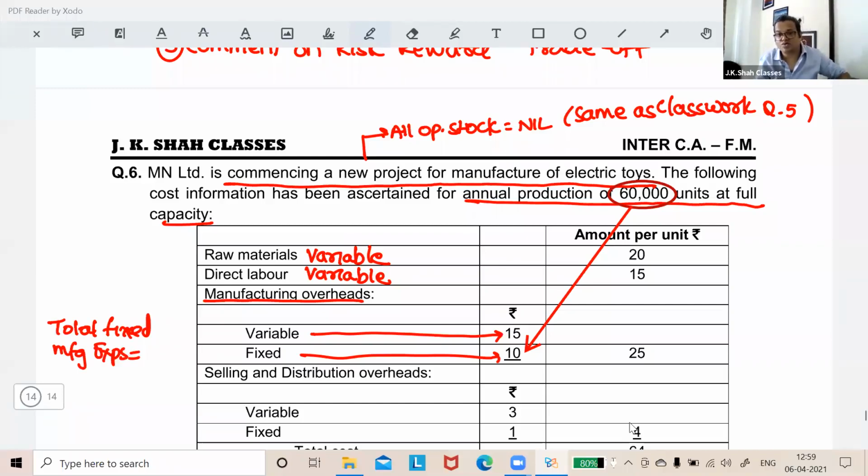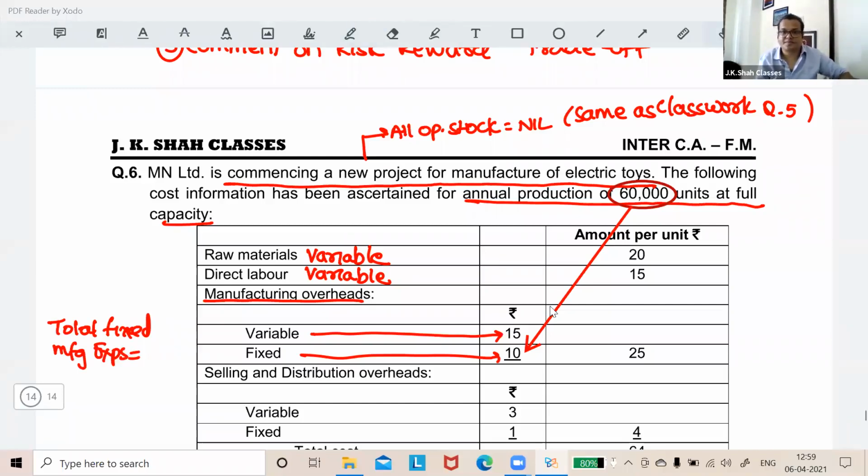Come on, chat box goes open. Answer. 60K. Typo. 6 lakh.